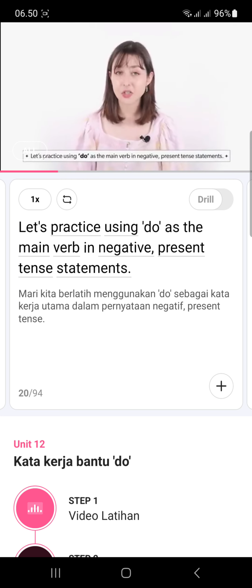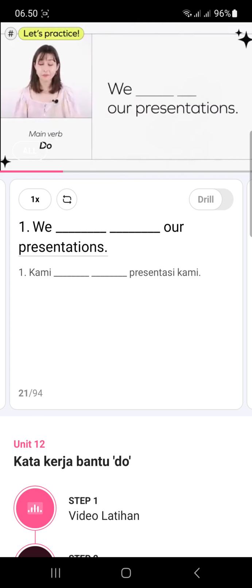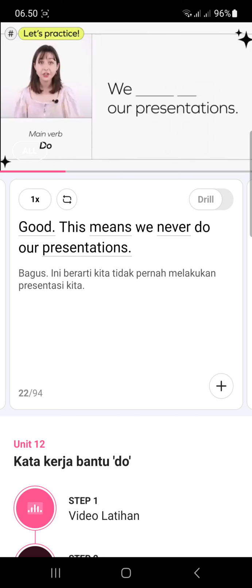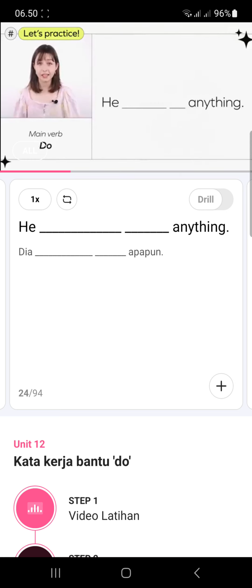Let's practice using do as the main verb in negative present tense statements. We, our presentations. Good. This means we never do our presentations. We don't do our presentations. He, anything.